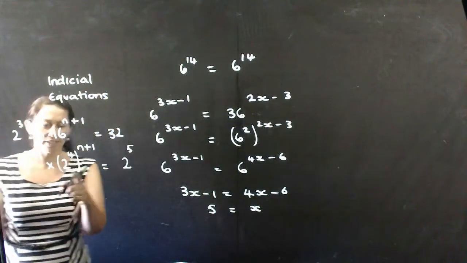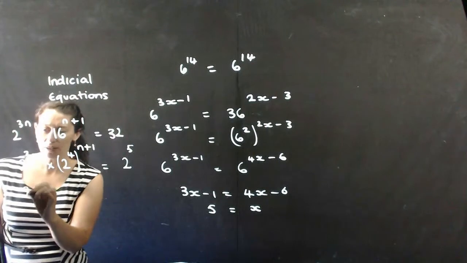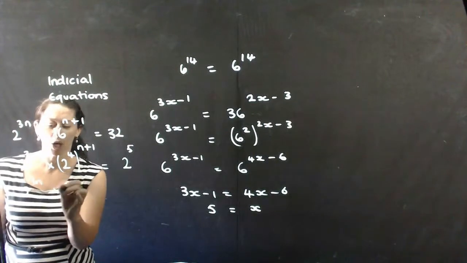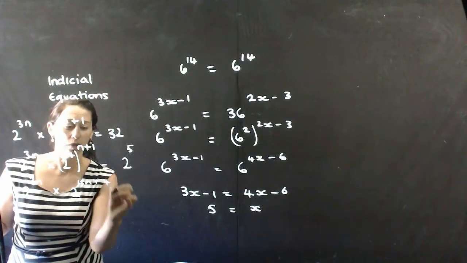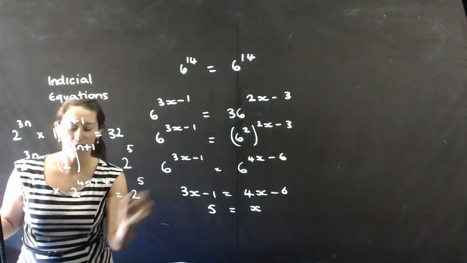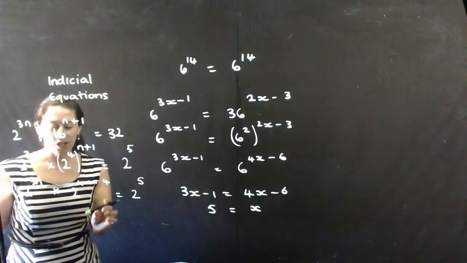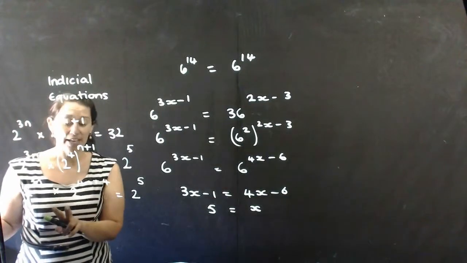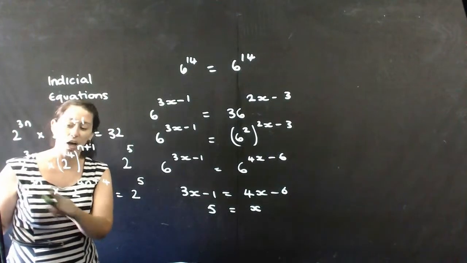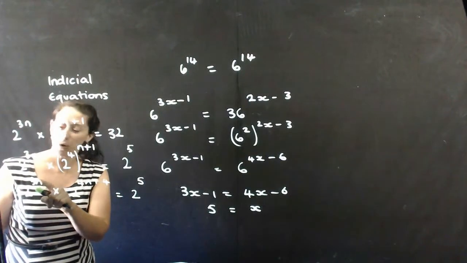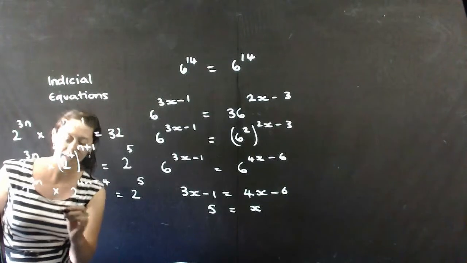Now, let's work this out by raising the power of a power. So I've got 2 to the power 3n multiplied by 2 to the power 4n plus 4 equals 2 to the power 5. Now I'm in a position where I can simplify the left-hand side. Because the bases are the same and there's a multiplication sign, I can add the powers together. So 3n plus 4n gives me 7n.